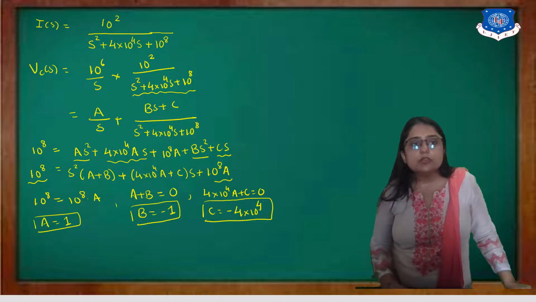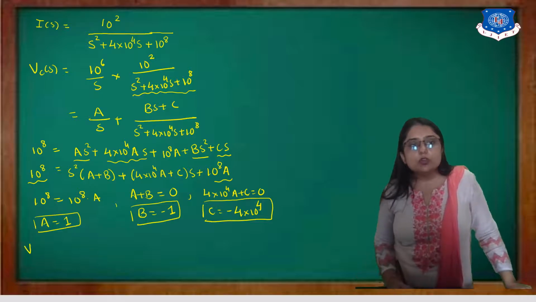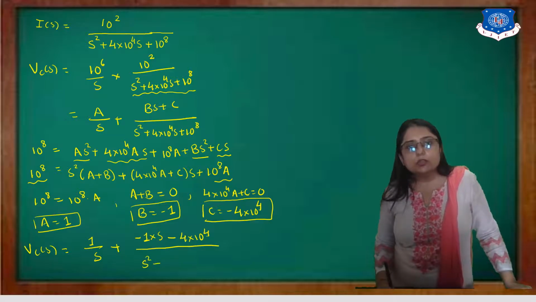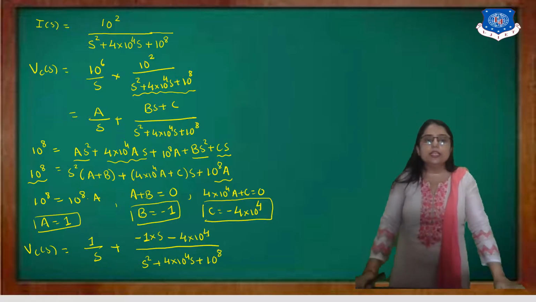Just substitute these values in this equation. So our Vc of S becomes 1 upon S plus minus 1 into S minus 4 into 10 raised to 4 upon S square plus 4 into 10 raised to 4S plus 10 raised to 8.